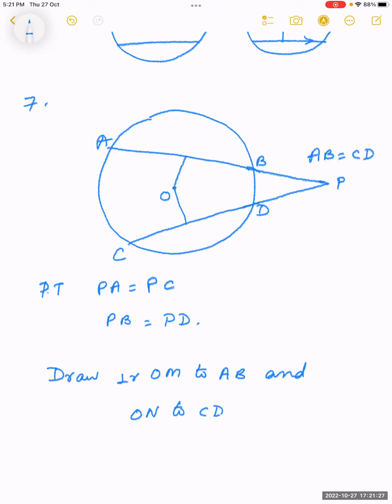When you draw the perpendicular, this is 90 degrees, this is 90 degrees. Now join OP. Join OP. This is the construction that we are doing for this problem. Now PA equal to PC is one thing, and we also have to do PB equal to PD, right? Okay, let's do them.